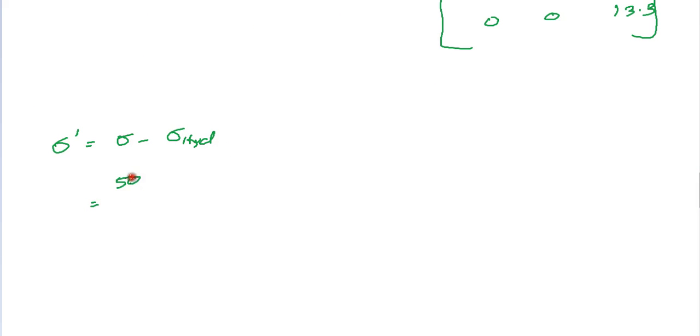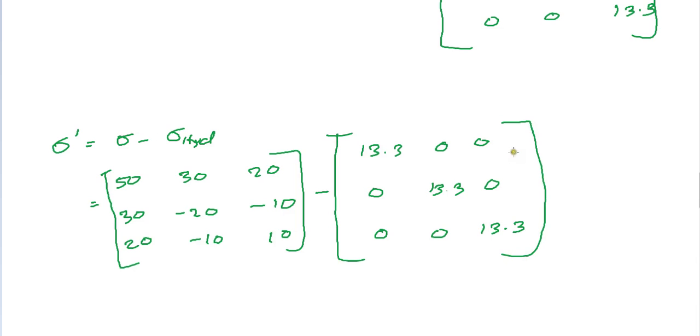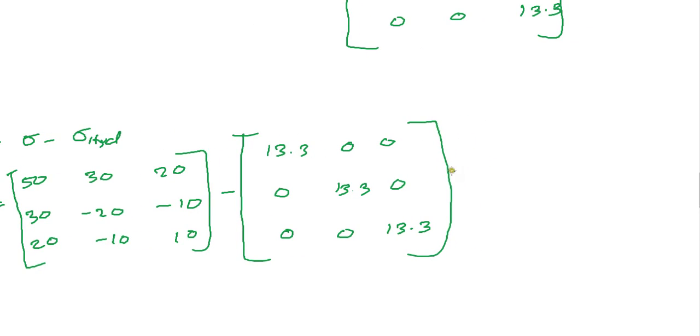That means we take the tensor 50, 30, 20; 30, minus 20, minus 10; 20, minus 10, 10, and subtract the hydrostatic tensor with 13.3 on the diagonal. The off-diagonal parts remain the same.